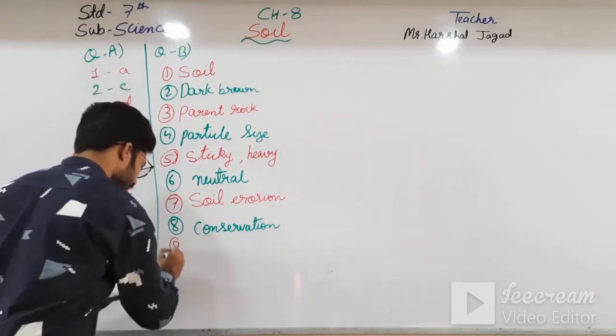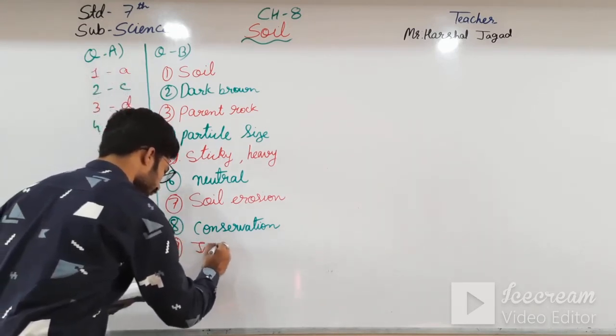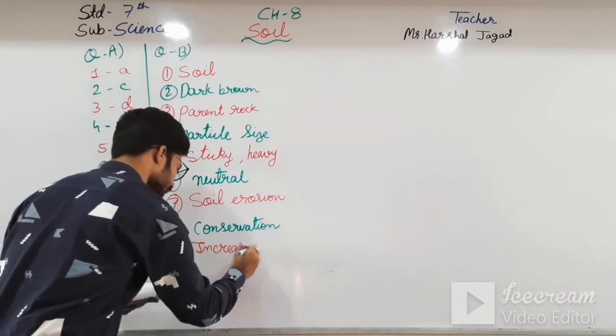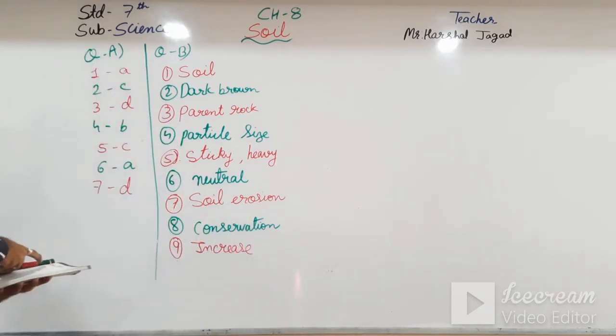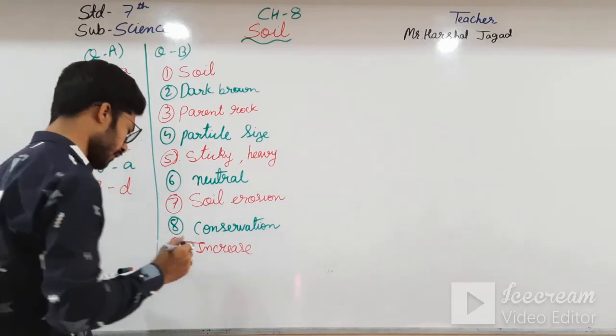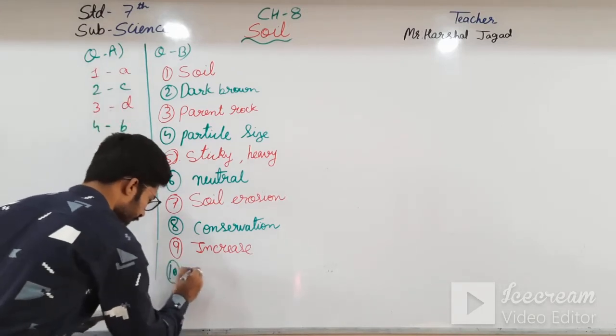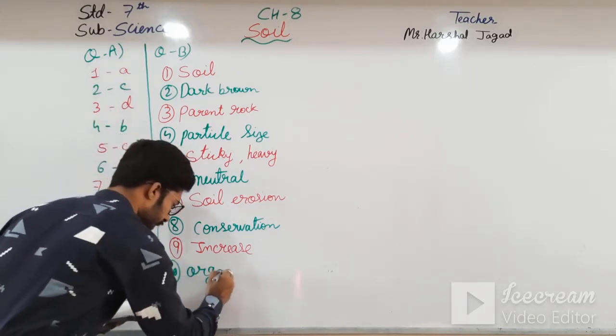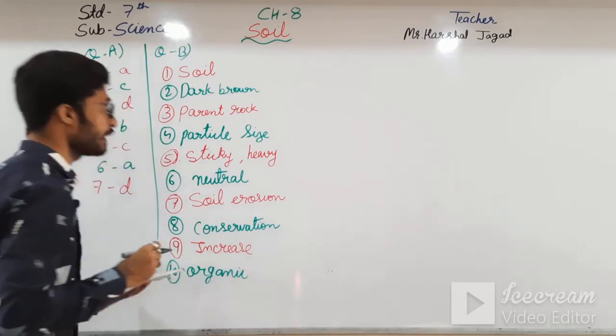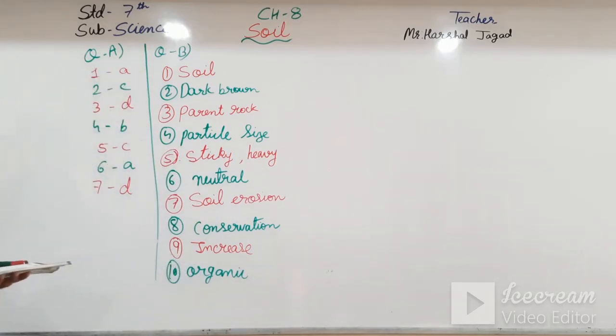It will be increase. Tenth one, we should try to use dash pesticides and fertilizers. Organic. Okay students, now we have completed the choose the correct and fill in the blanks of this chapter.